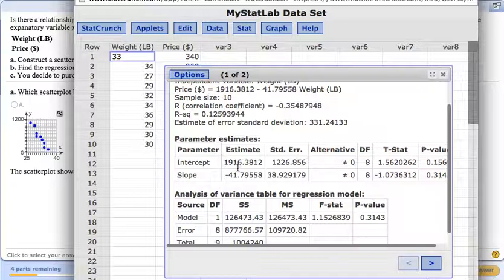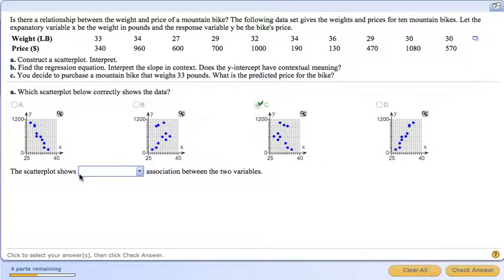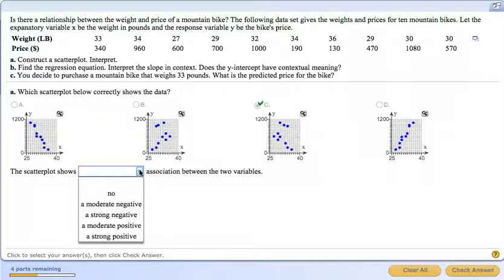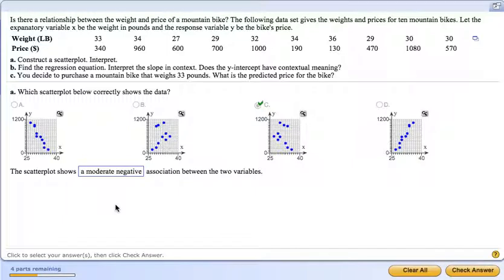So we're going to have an intercept of 1916.38 plus or minus 41.80. Sorry, it shows a negative correlation, again, not a very strong one, a negative 0.35, so there's our negative correlation.